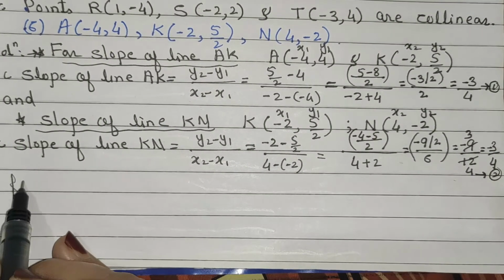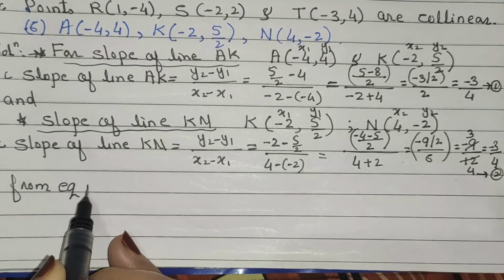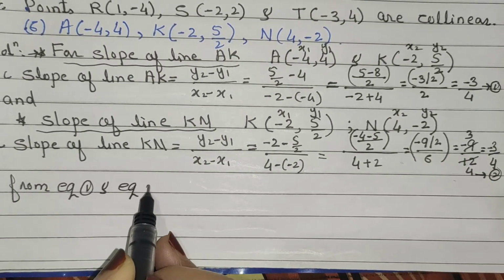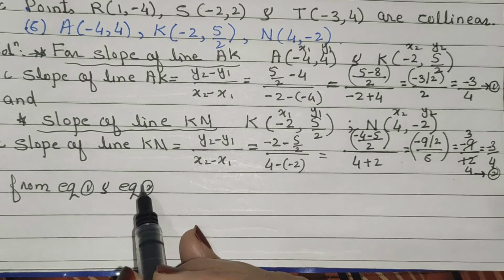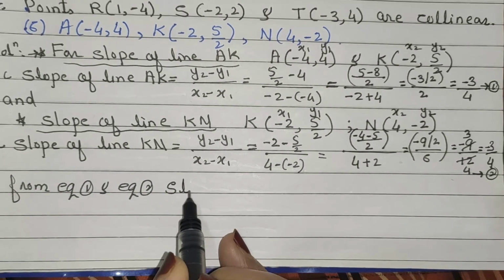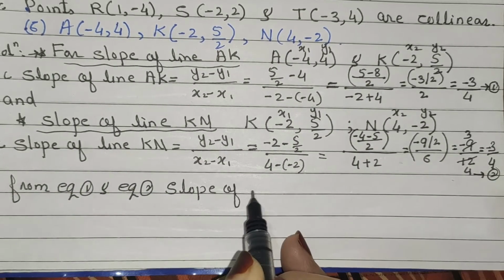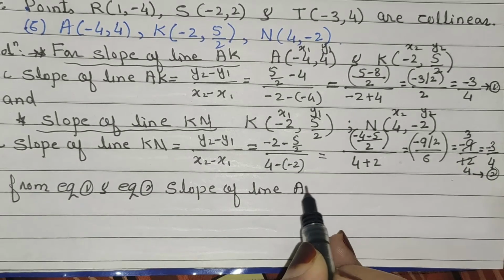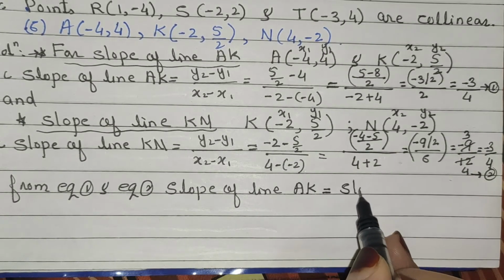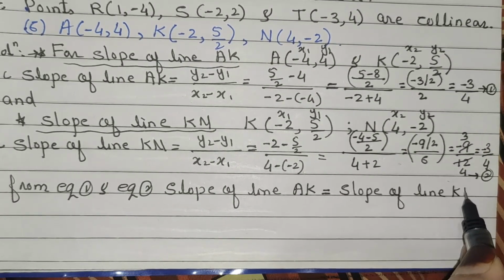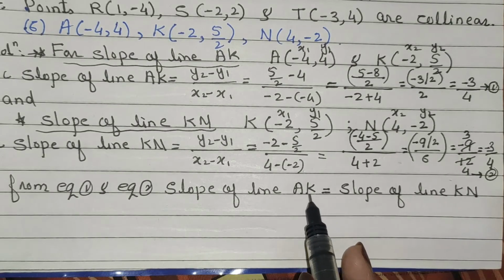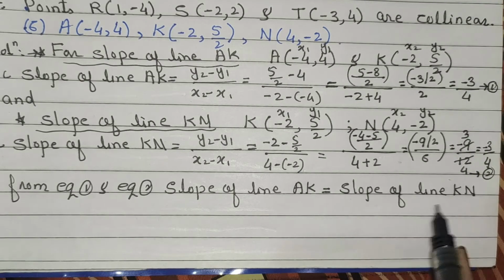Therefore write down here from equation 1 and 2. Look here. In equation number 1 we get minus 3 upon 4 and in equation number 2 we get here minus 3 upon 4. Both are same. Therefore left hand side means slope of line AK is equal to slope of line KN. Now look here, AK, KN, point K is common.